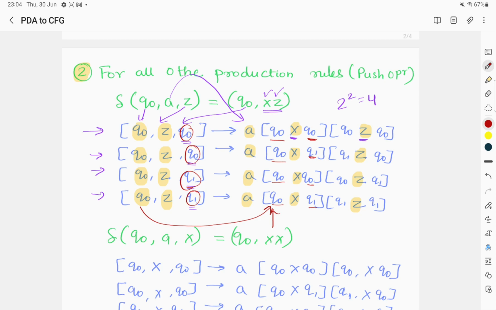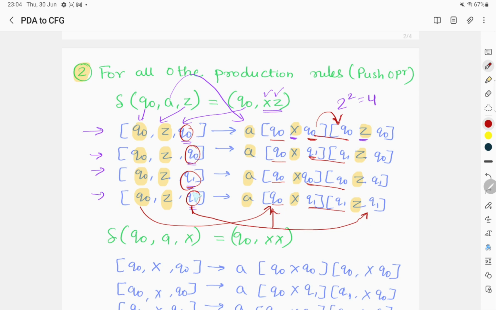Now, whatever I am writing here should be similar over in the next symbol's start. So the start of the next is exactly the same. So it is Q0, Q0, Q1, Q1, Q0, Q0, Q1, Q1. Are you getting it? Now how should I end it? Whatever is there at the end of the left hand side is there at the end of the right hand side.